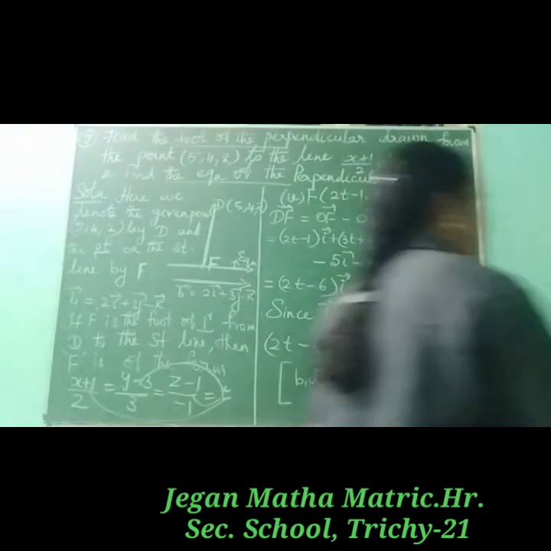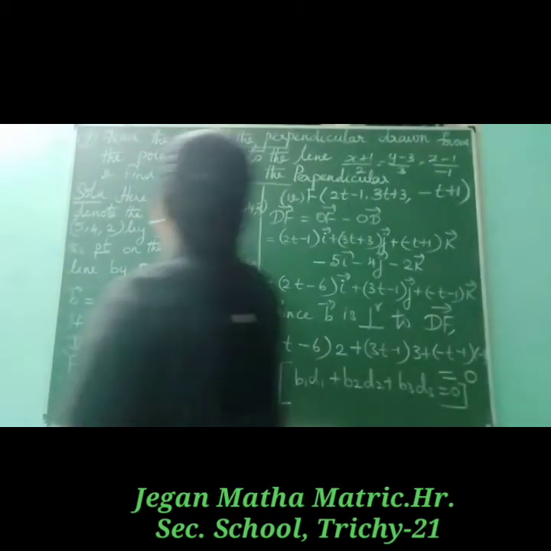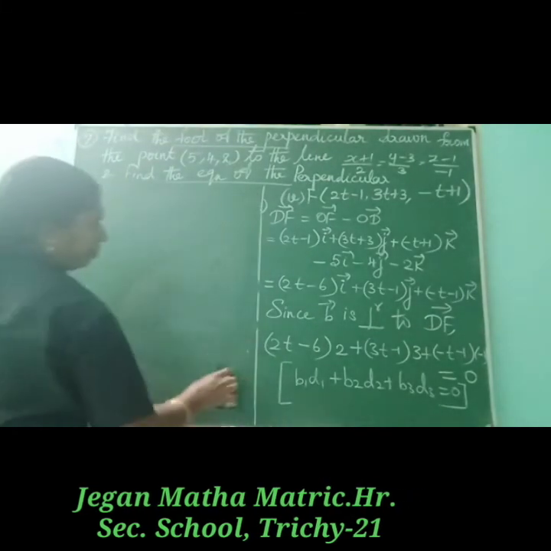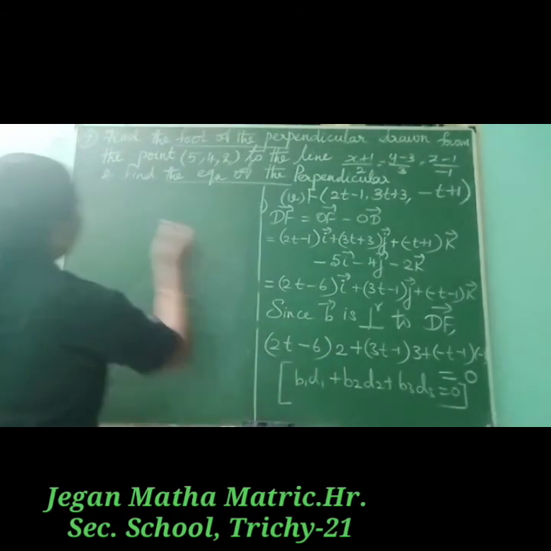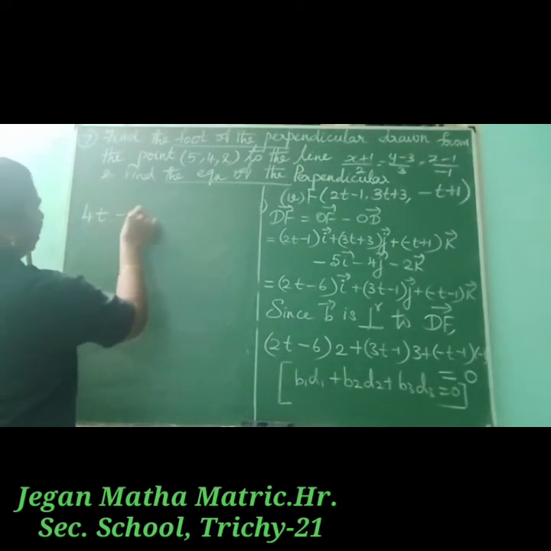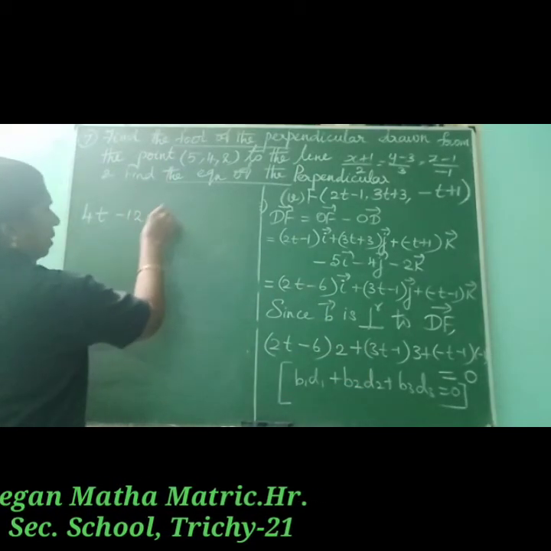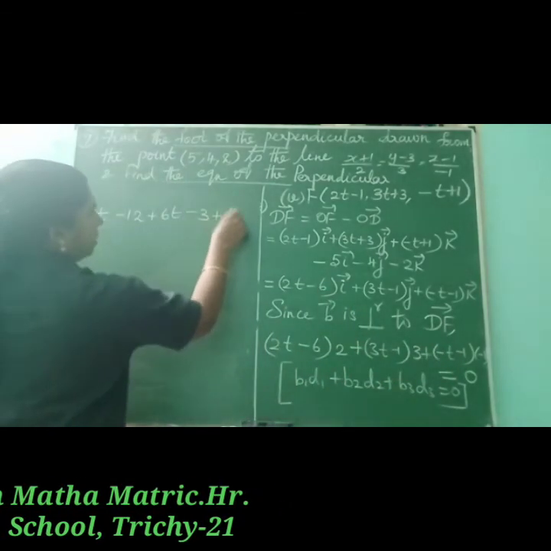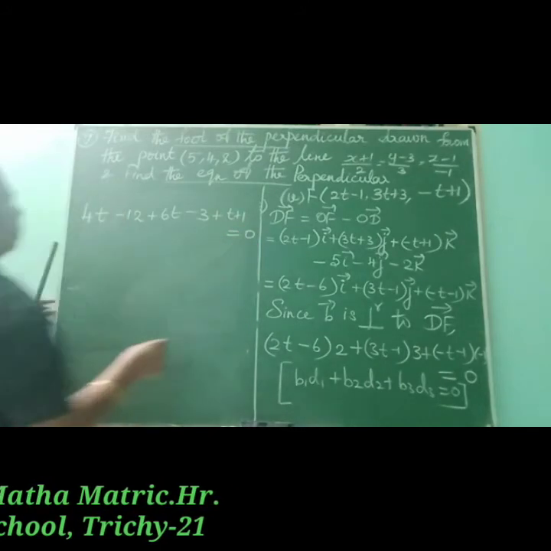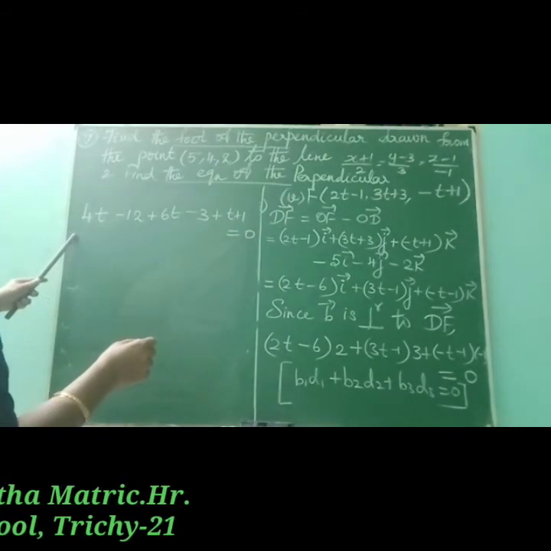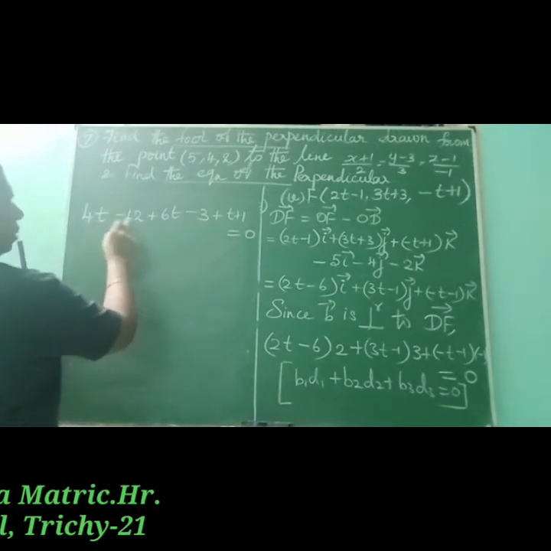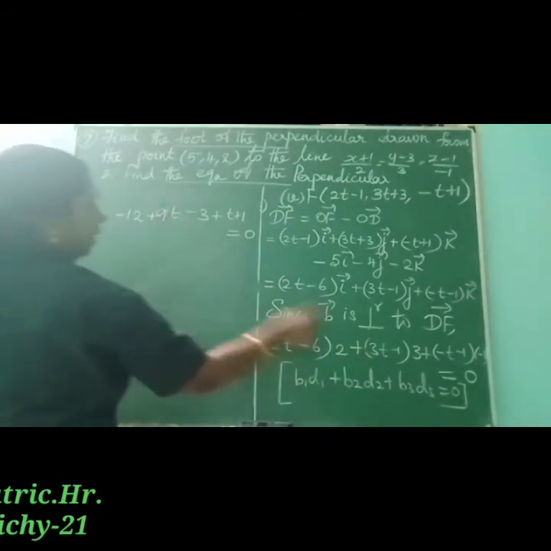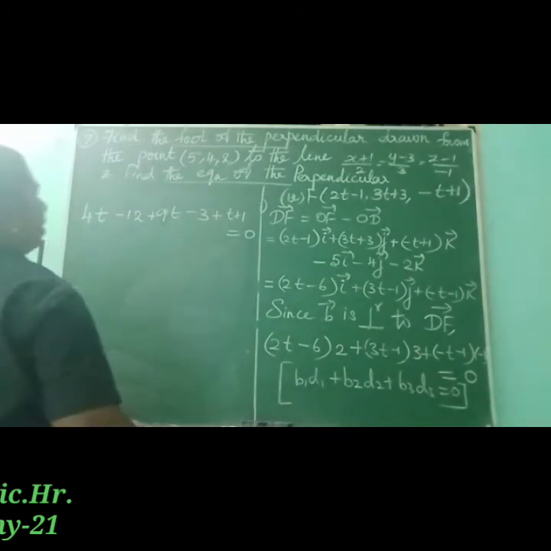Then the next simplification: when we remove the brackets, we get 4t - 12 + 9t - 3 + t + 1 = 0. When simplifying, 14t - 14 = 0.